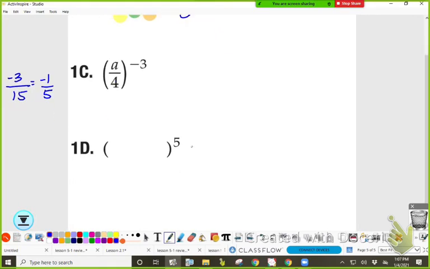Next one, a over 4 raised to the negative 3. Doing this the way that the book did it in the example, they say to flip it and change it to a positive exponent and then distribute the exponent.